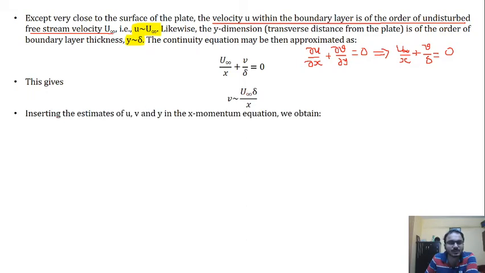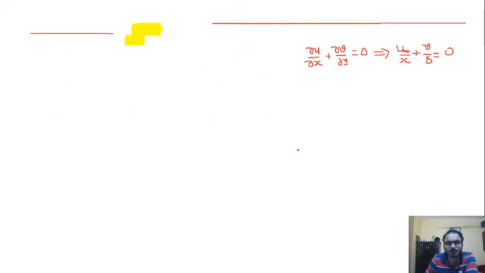Now inserting the estimates of u, v and y in the x momentum, we can obtain this formula, that is u infinity into u infinity over x plus v into u infinity over delta is equal to nu u infinity over delta square. You can go through that formula again.